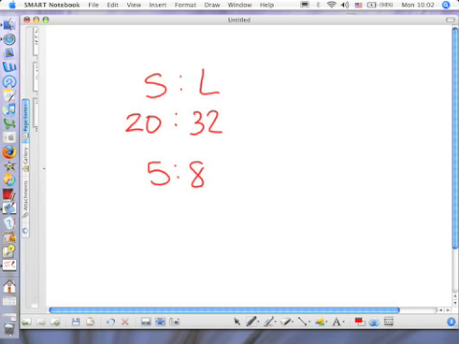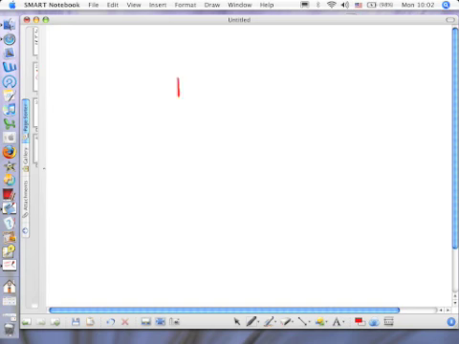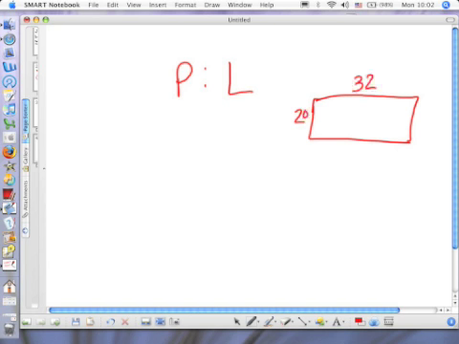The second question says, find the ratio of the perimeter to the longer side. All right, we had a rectangle that was 20 by 32. How do you find the perimeter? Each by 2, right, because it's all the sides added up together, right?